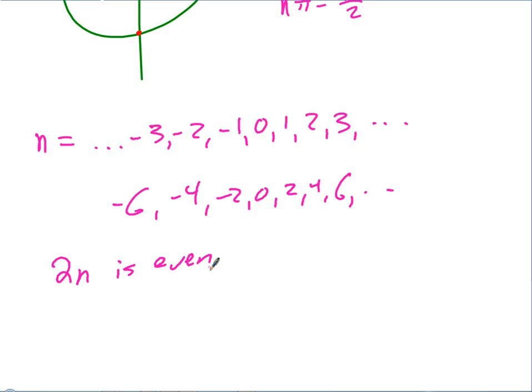Well, how can I take that set and just stagger it a little bit? So instead of picking all the even ones, now I want to get the odd ones instead. If we know that 2n is always even, then what's always odd? 2n plus 1, or 2n minus 1, right? Does that make sense?